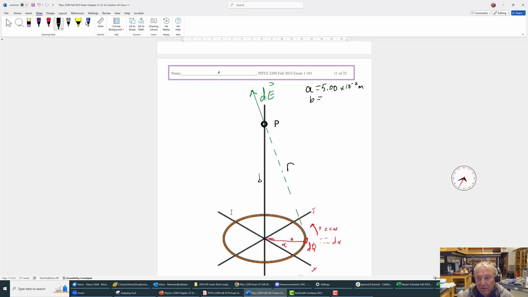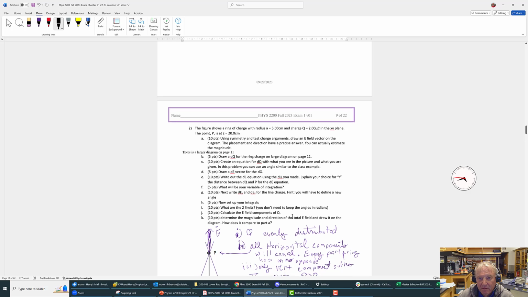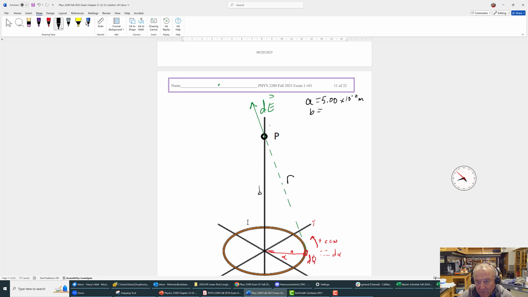B, it's just the z-coordinate, not a radius, sorry, has a magnitude of 20 times 10 to the minus 2 meters. We can keep R as it is, but eventually we'll have to calculate it. And it's constant, I meant to say that.